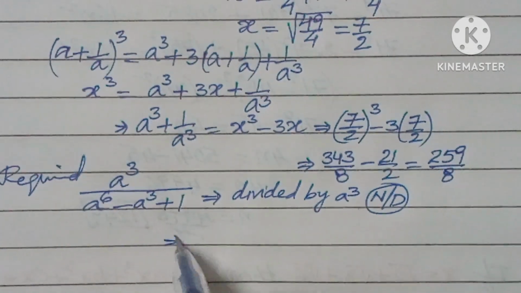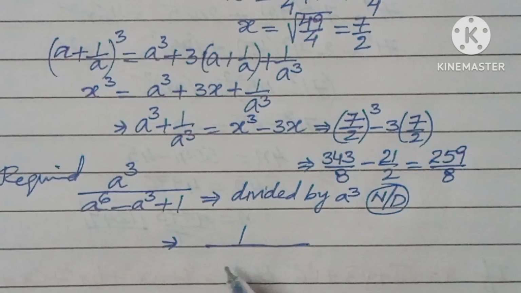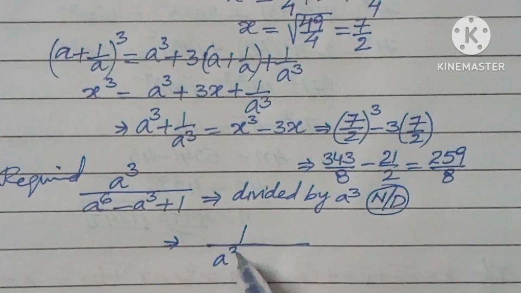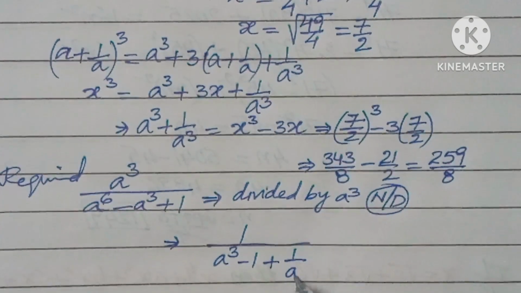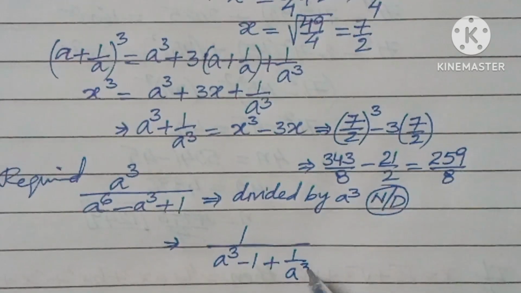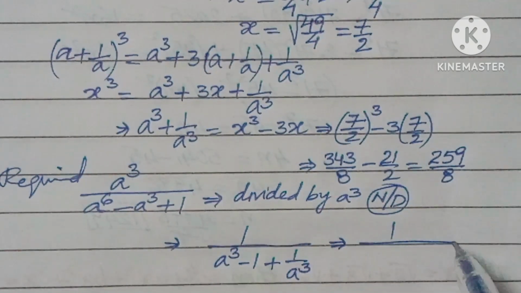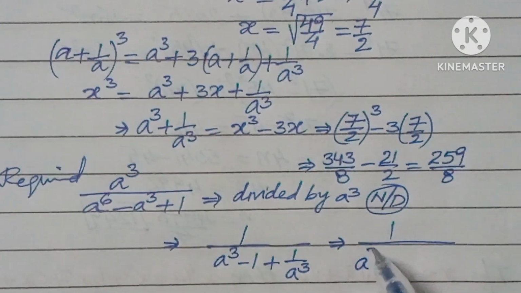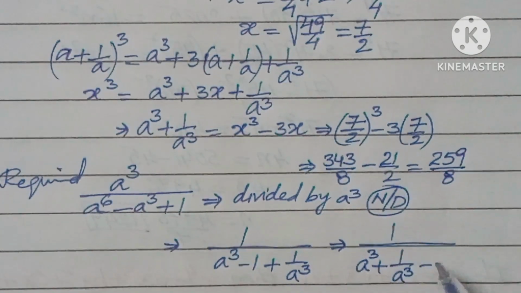So you'll get 1 by a power 3 minus 1 plus 1 by a power 3. So this can be written as 1 by a power 3 plus 1 by a power 3 minus 1.